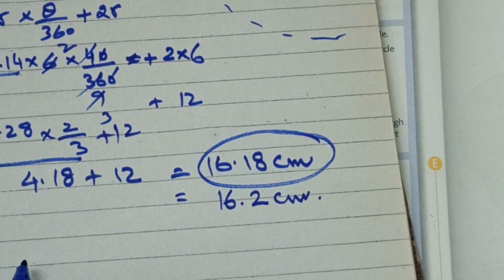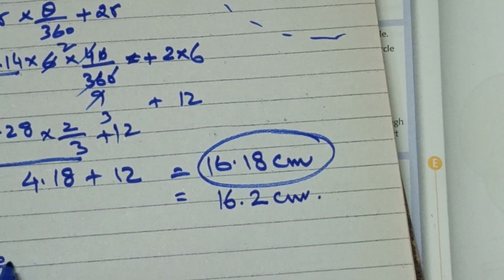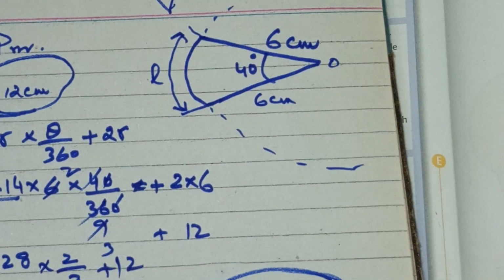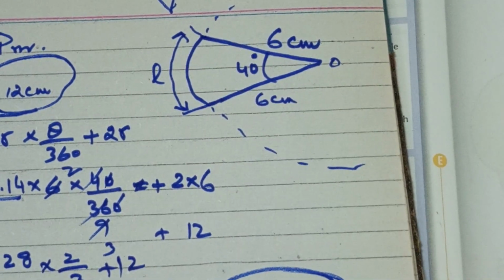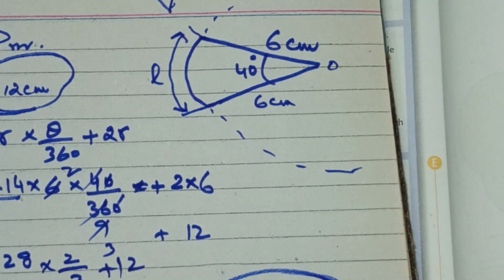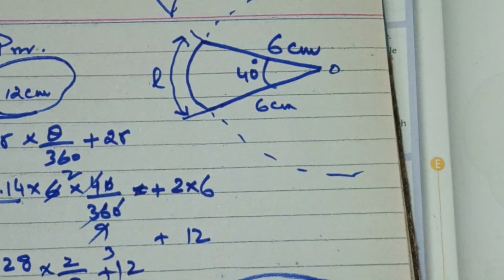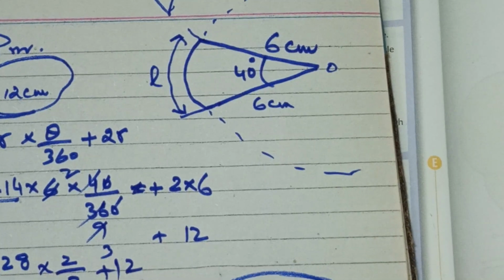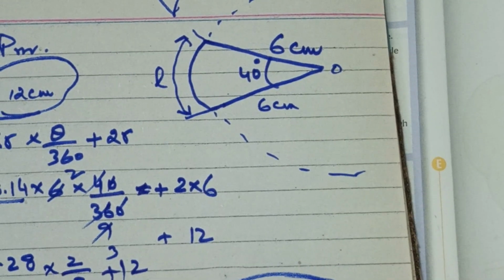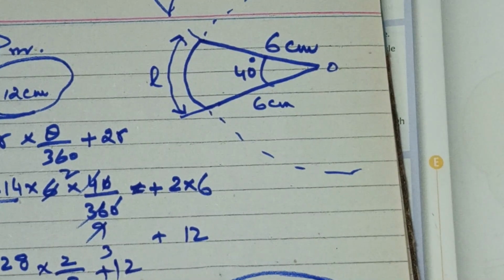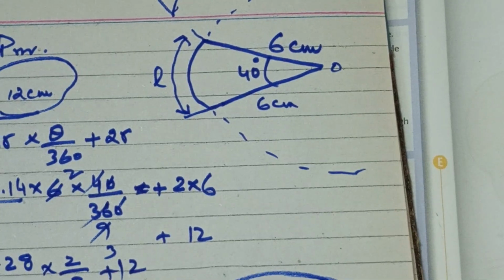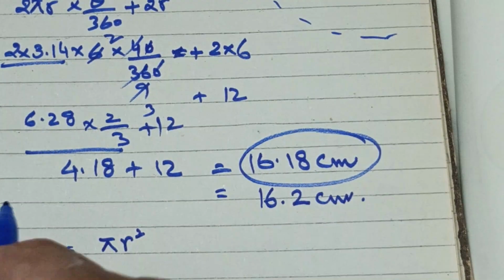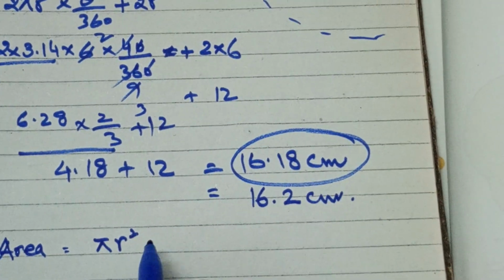Now what about the area of the same figure? The area includes, if it was a whole circle, then the area would have been pi r square. But it is not a full circle, it is a sector.